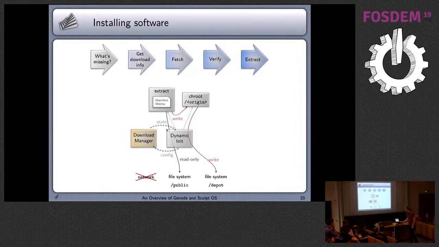And this can be accomplished by just having this change root component here. It intercepts this file system session here, and the extraction program can extract content only to this particular part of the file system. So that means that with GNode, with the script.os, we can install fearless applications from untrusted parties.